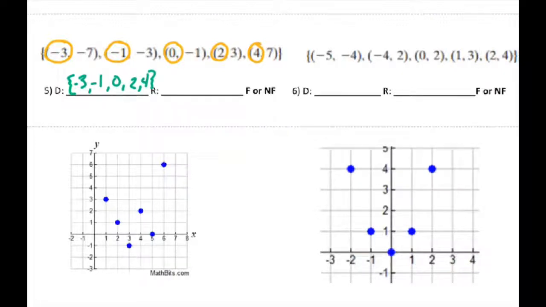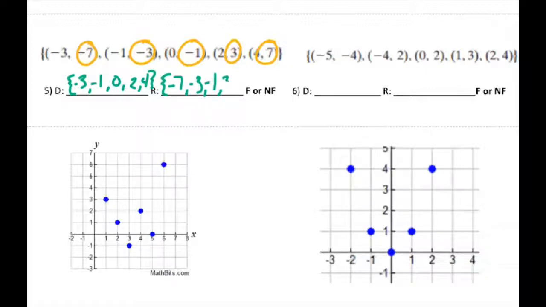Then I have my range values, which is going to be my y's. So to get my range, I have -7, -3, -1, 3, and 7. In this here, my range, always the y values. Again, they're already in order, so nice. So it's -7, -3, -1, 3, and 7.